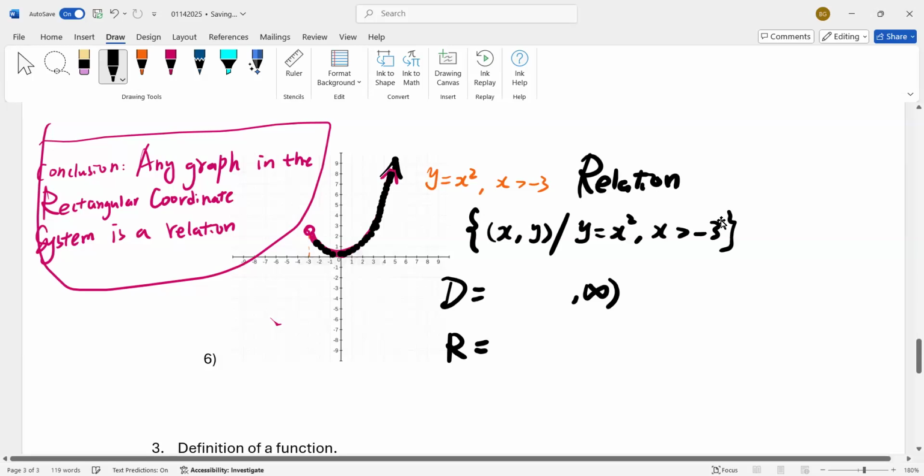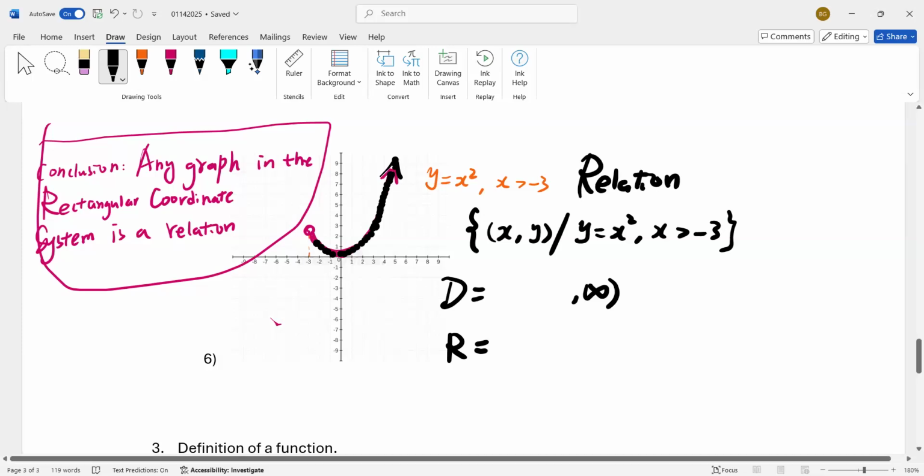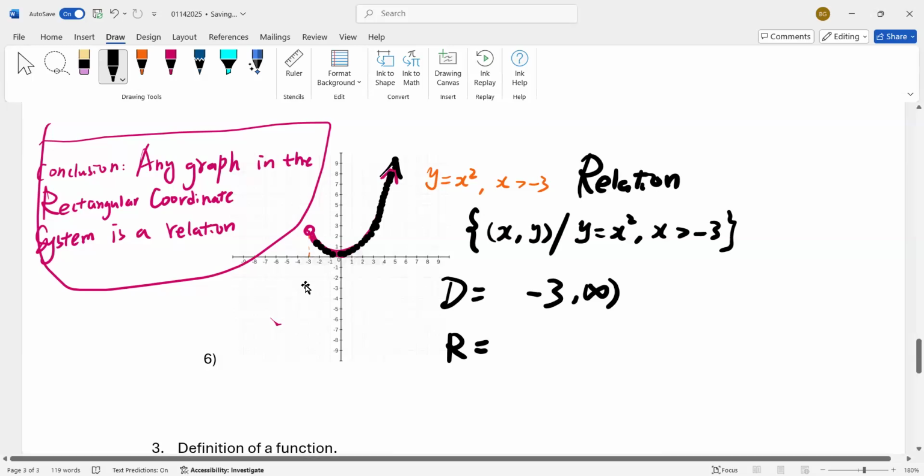Horizontally, look at the graph. Does this graph have a boundary from the left? Yes, it stops somewhere. What is it? -3. Perfect. You guys are great. It stops at -3, right? It doesn't keep going. It stops at -3, horizontally speaking. And since we have a circle, like a hole, at -3, we're going to use a parenthesis to frame -3.